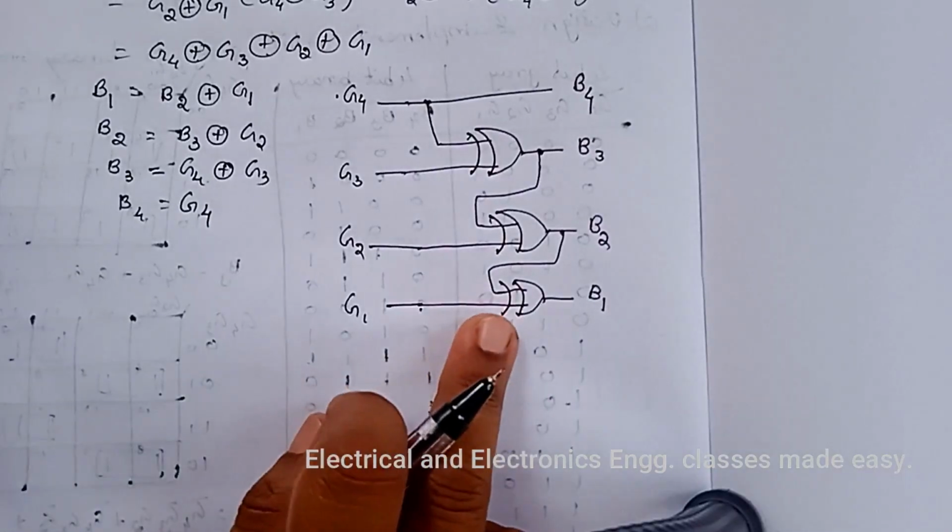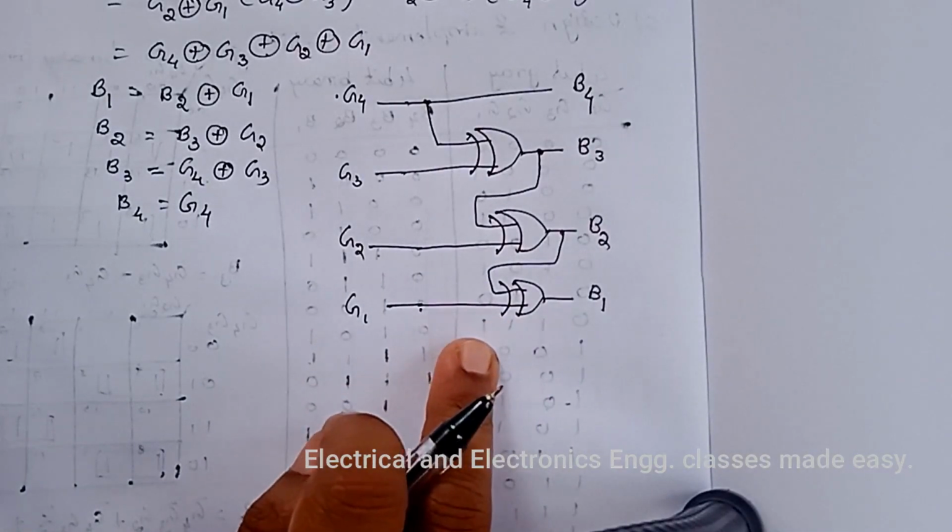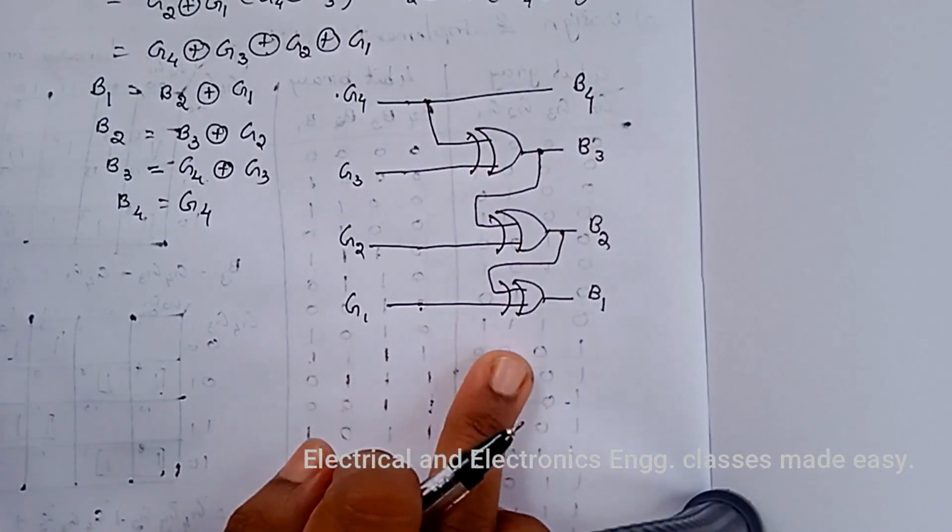So this is the logic diagram for the code converter grade to binary.